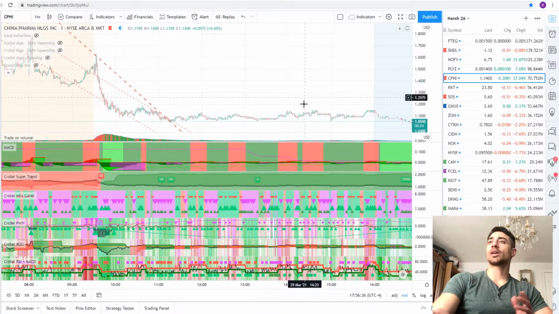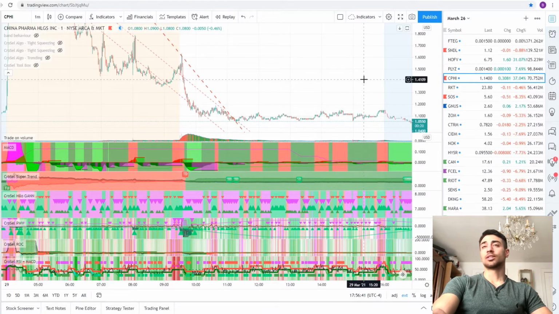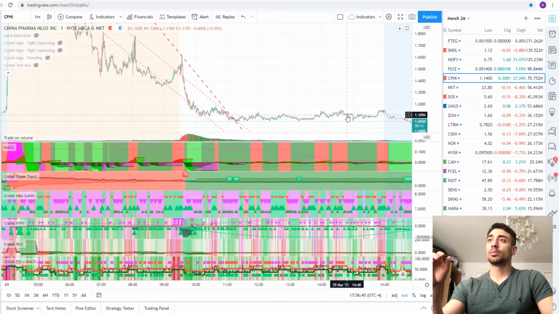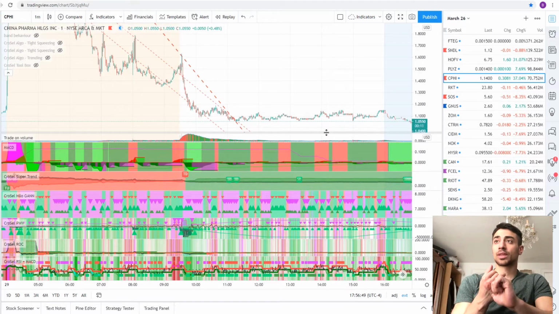Another thing I wish I did, well, I'm glad my position size was low, but I would have rather had a much stricter entry and a much higher position size.